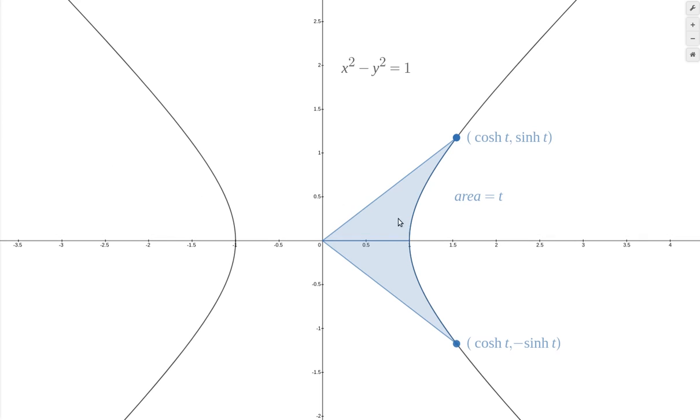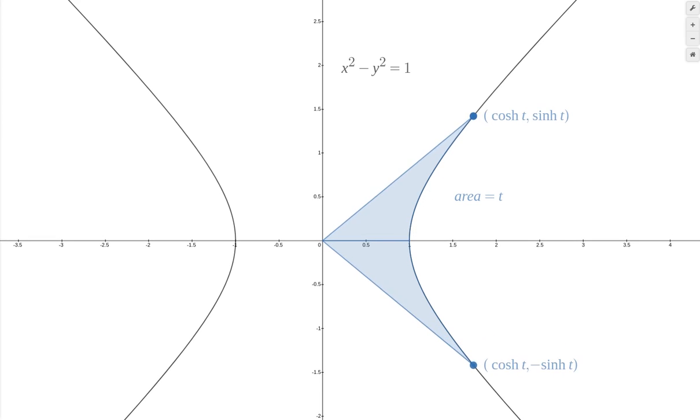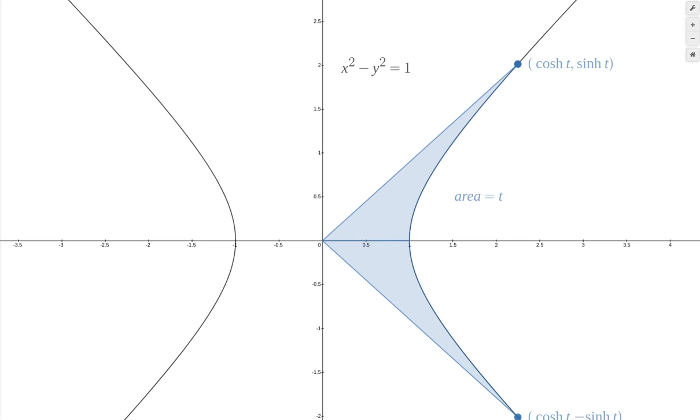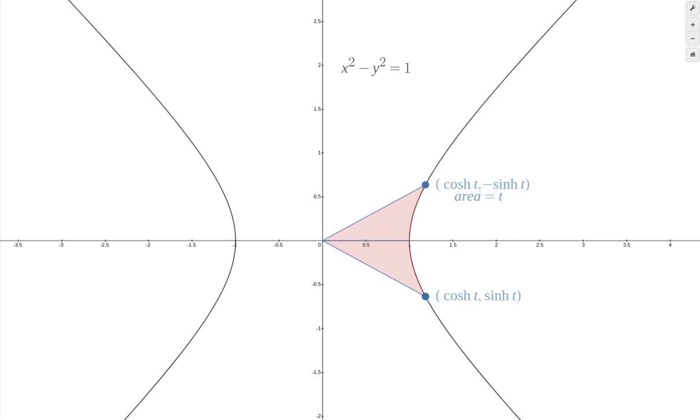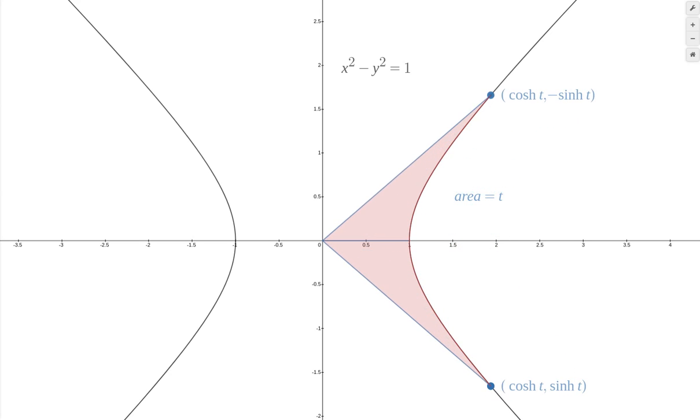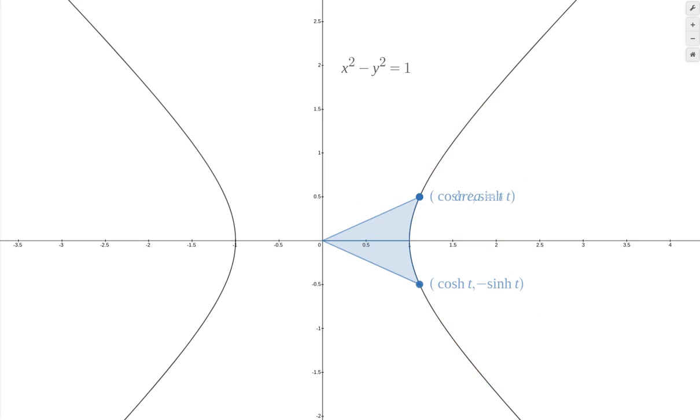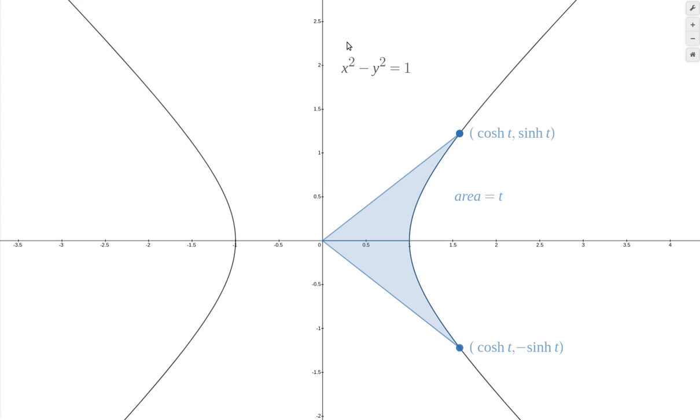So as t increases, we can see the point proceed upward to the right along this hyperbola, and as t decreases, we can see it proceed downward and to the right along the bottom half of the hyperbola. The equation of this unit hyperbola is x squared minus y squared equals 1.